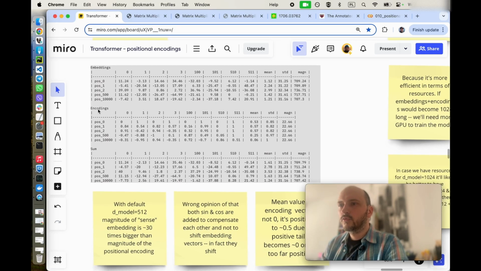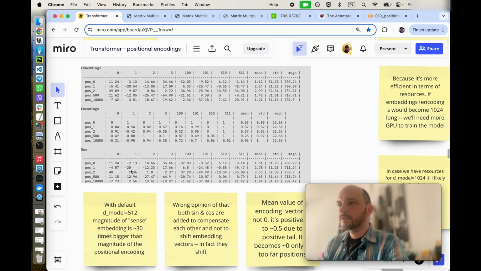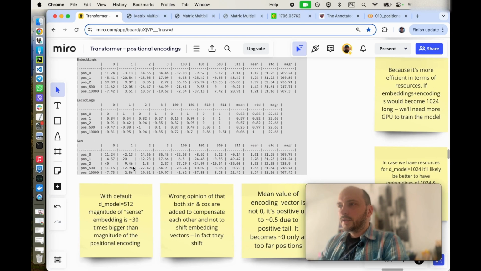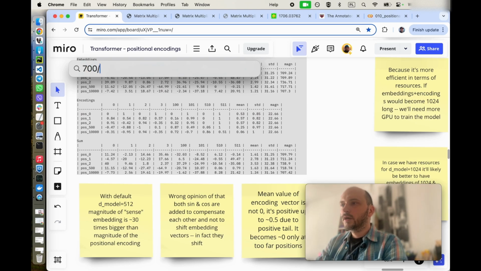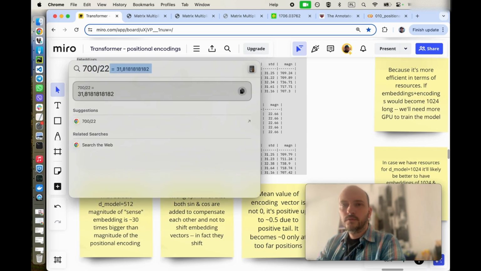The same for encodings, and the same for the sum. So what will be the resulting sum? You see that the magnitude of the embeddings vector is about 700, and the magnitude of the encodings vector is about 22 or 23, which means that encodings will have some impact on the embeddings vector, but not that high. And the ratio will be about 31, right?